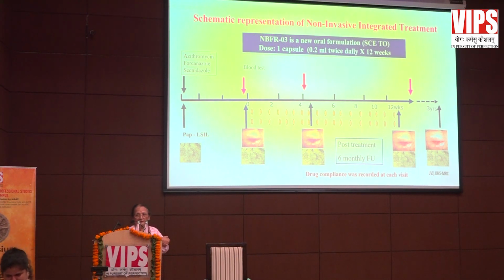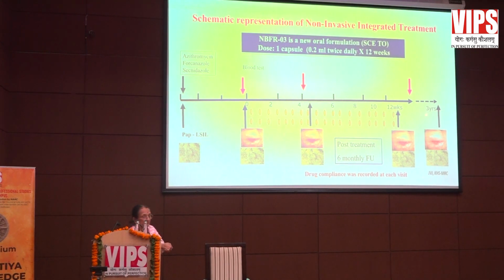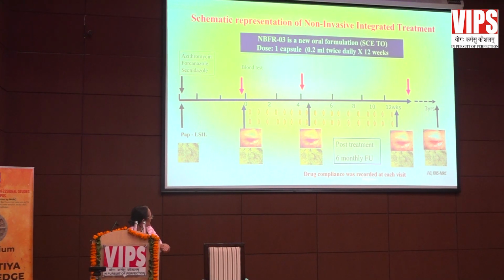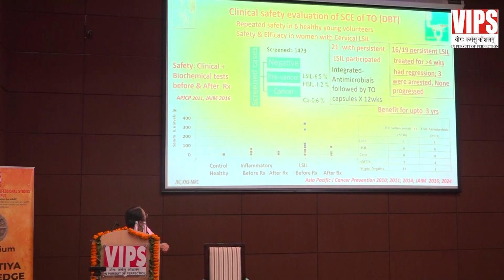Yeah, this is the second study. I'm glad I've reached the second study at least, otherwise I was not sure. And we did a 6-monthly post-treatment follow-up, which we could achieve for a few women. Next slide, please.